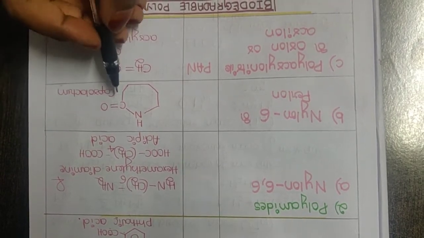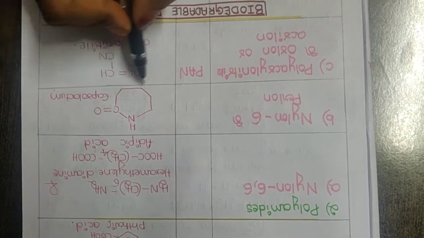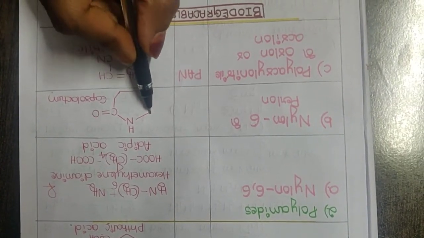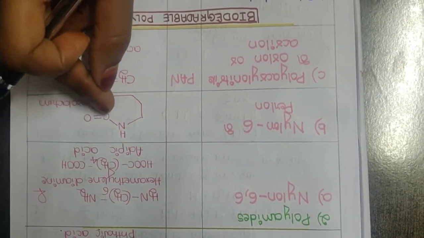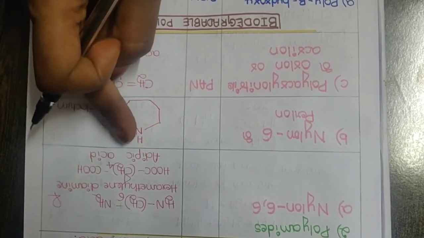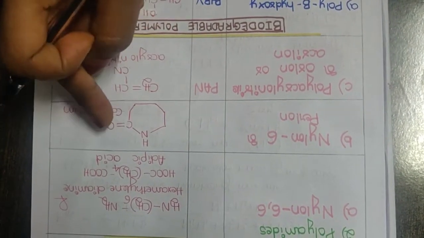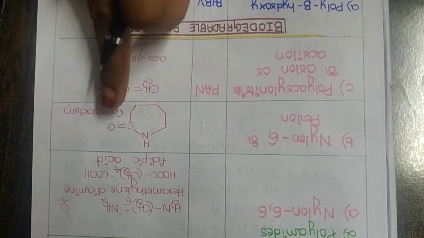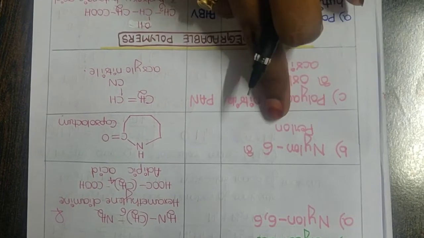You know that there are 6 carbon atoms here, 1 carbon, 2, 3, 4, 5, 6 carbon with NH. So how does this undergo a reaction? It will undergo a ring opening reaction. The bond will cleave exactly here between the NH and CO group, and you will end up with a partial structure for nylon 6, which is also called Perlon.